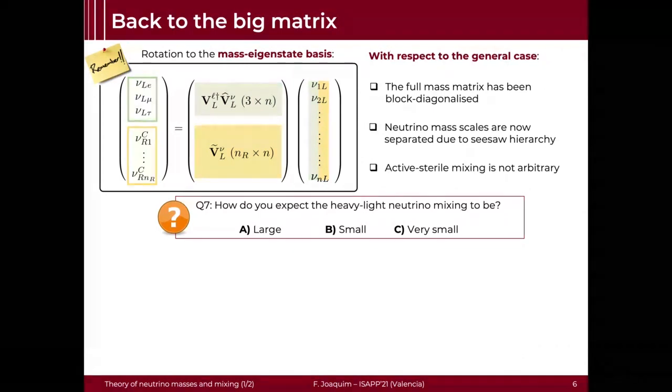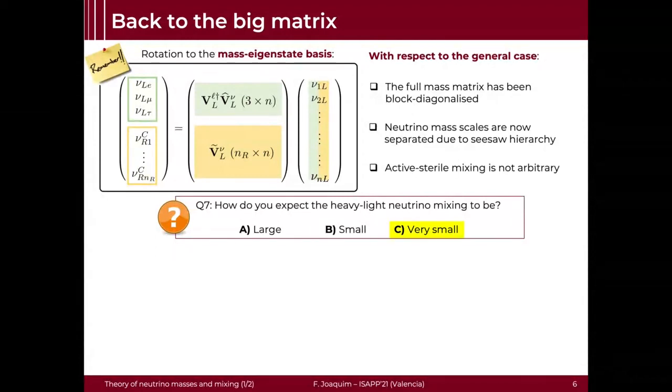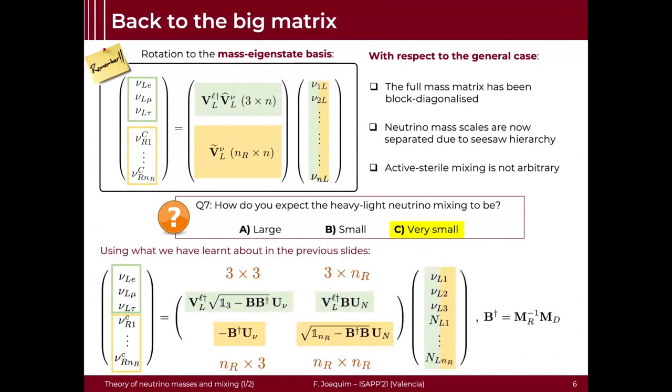So most of you answered very small, and it is correct, because if you remember, the matrix which was controlling the heavy light neutrino mixing was the matrix B. And you can see it here.